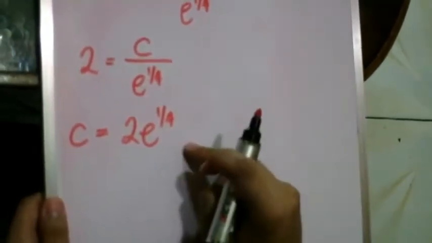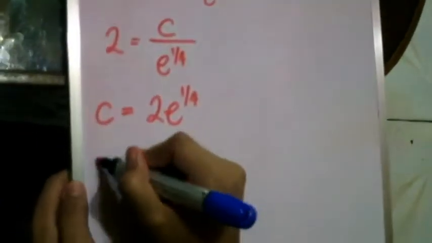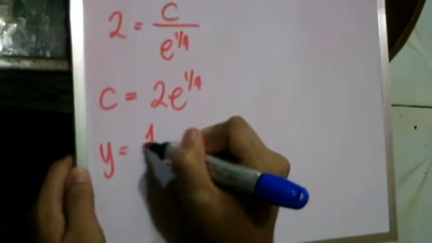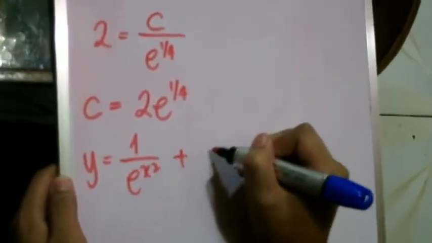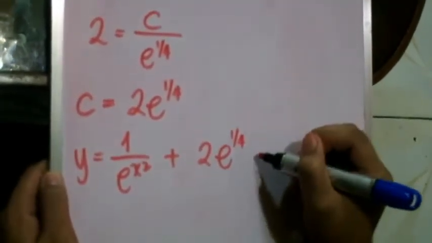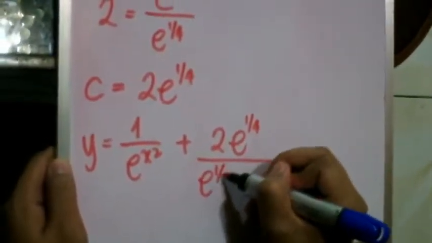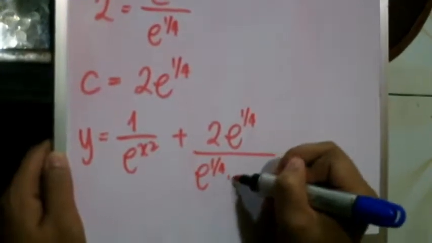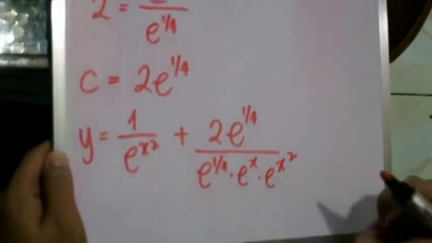Now, substituting the value of c to the previous equation, we have y equals 1 over e raised to x squared plus 2 times e raised to 1/4 over e raised to 1/4 times e raised to x times e raised to x squared.